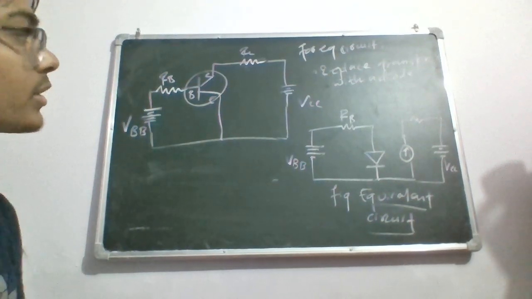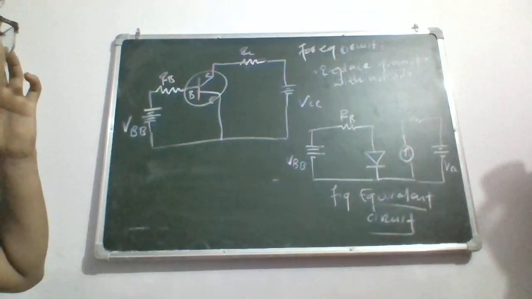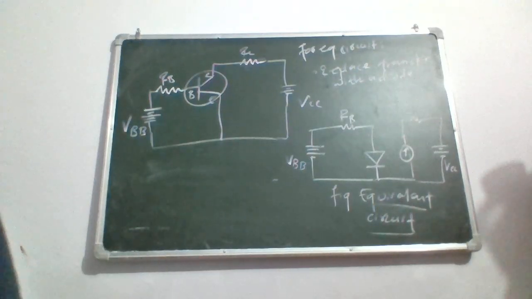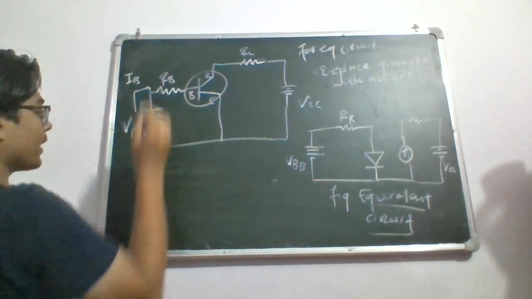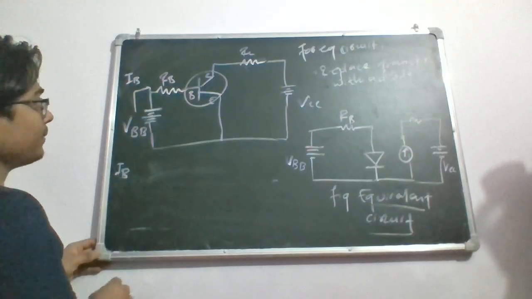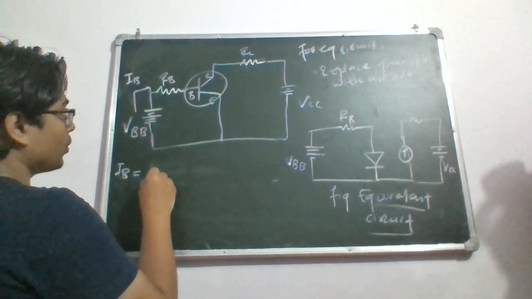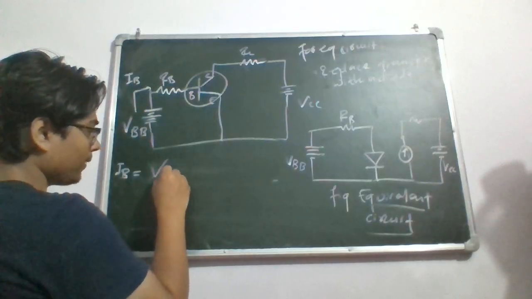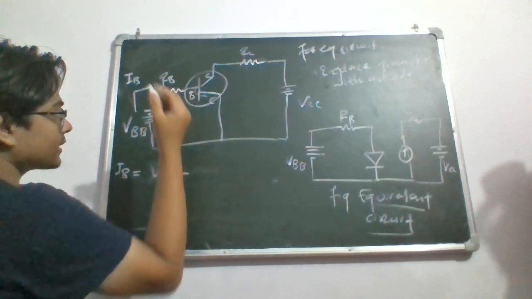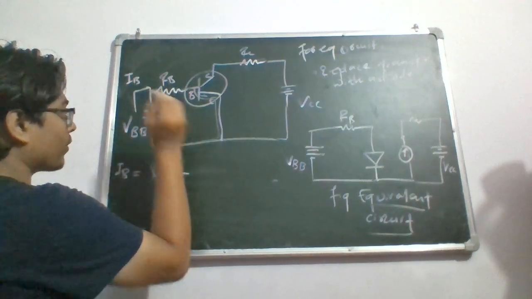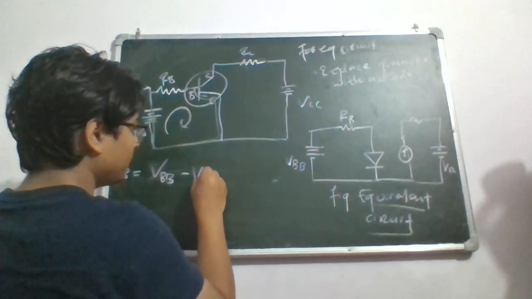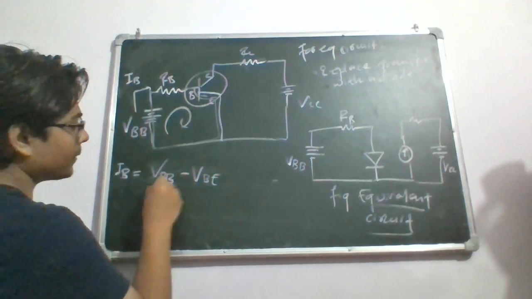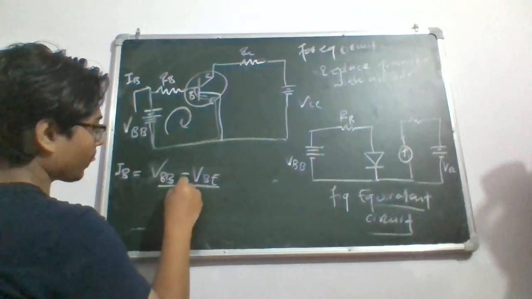Now if you want to find out the current of the circuit, then the first current that you would like to know is the current through this base terminal, that is IB. And IB here is equal to VBB minus the voltage at this terminal, that is VBE, divided by RB.